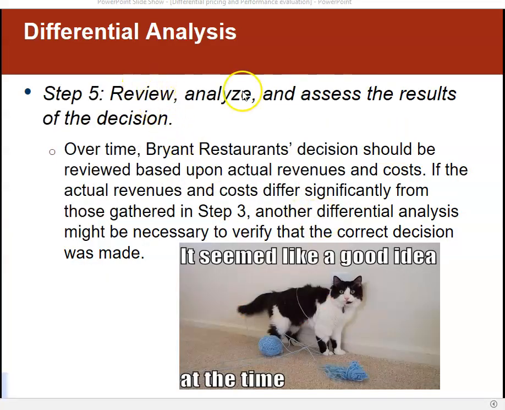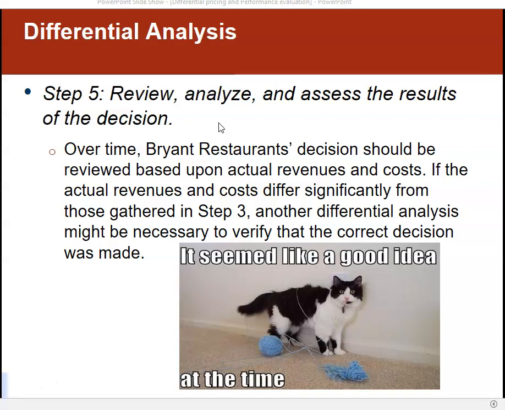Step 5, review, analyze, and assess the results of the decision. Okay. We may come into some information, after the fact, that we may or may not be able to do anything with. We went with the salad bar option because it increased our income overall by $15,000.